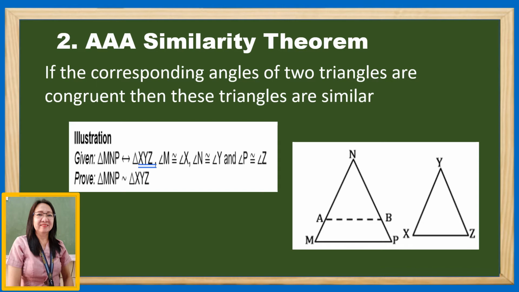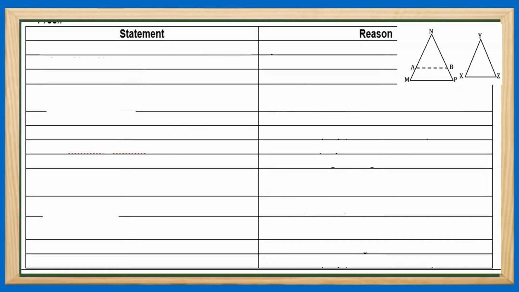But let us first prove that these triangles are similar. Now let us have our proof by indicating our statements and reasons. Let us construct segment AB such that segment AN is congruent to segment XY and segment NB is congruent to segment YZ.